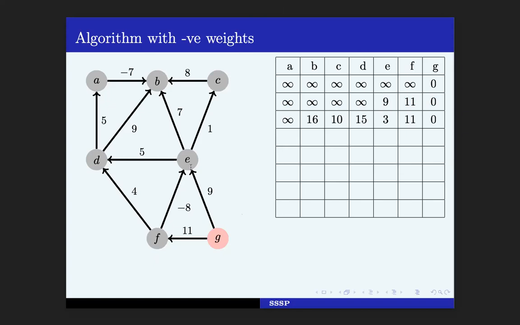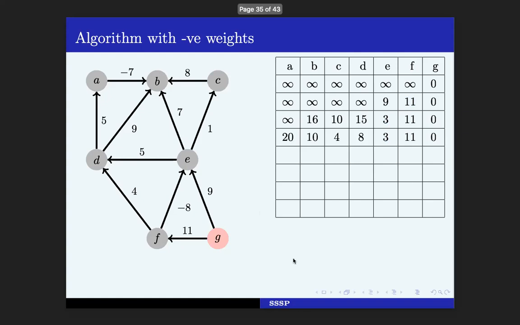Let's look at E. So I can either go from G to E using the previous one, which is 9, or I can go from G to E using, let's look at all the in-degrees of E, which is F. In that case, it will be -8 plus the previous F. So -8 plus this 11 over here, which is 3. Similarly, for D, we have all of them, and so on.